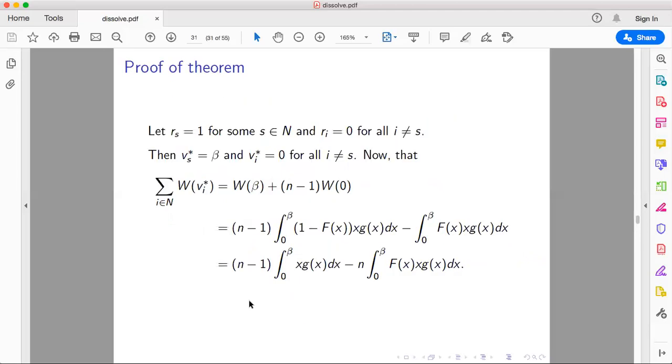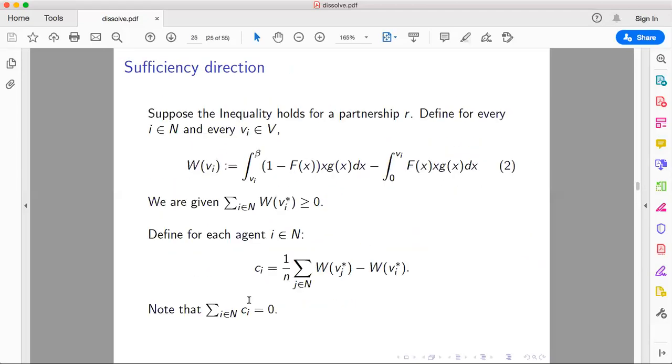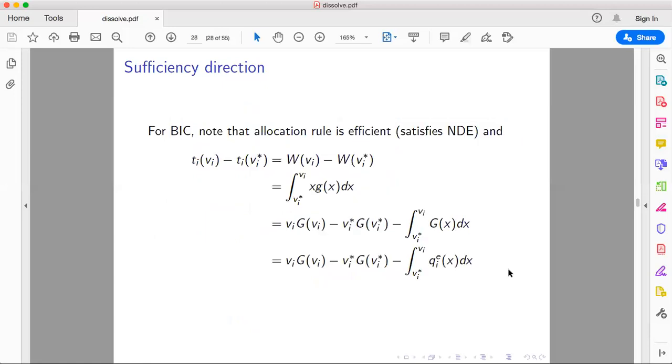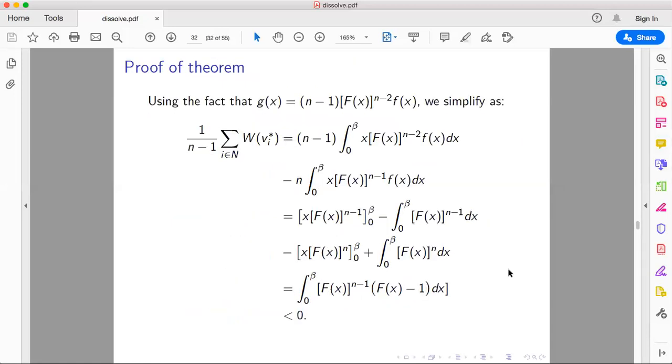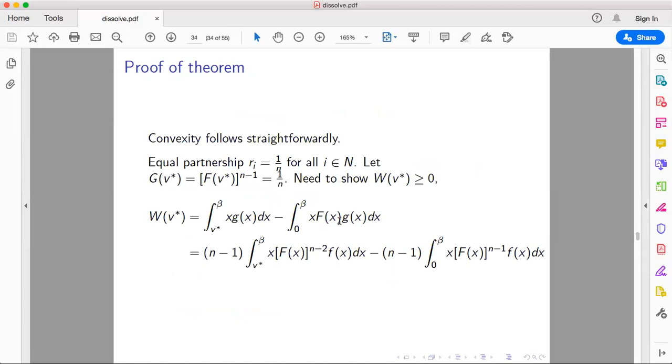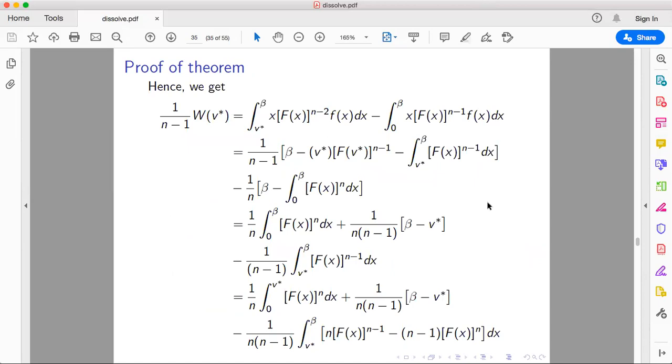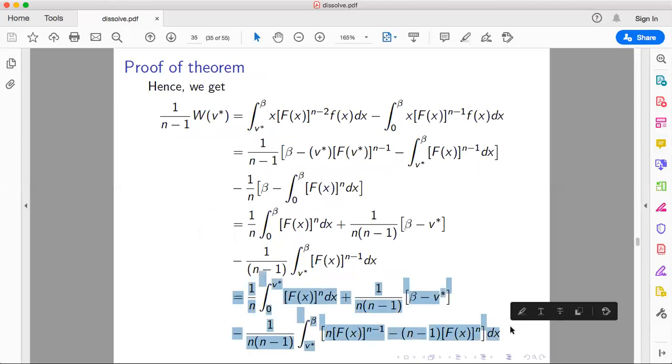You should go back and check what is the expression for W. This is the expression for W_i. If you write it down carefully, it'll look something like this, and you substitute for G of x and expand it, do some integration by parts on both the terms, and eventually you'll get an expression like this.